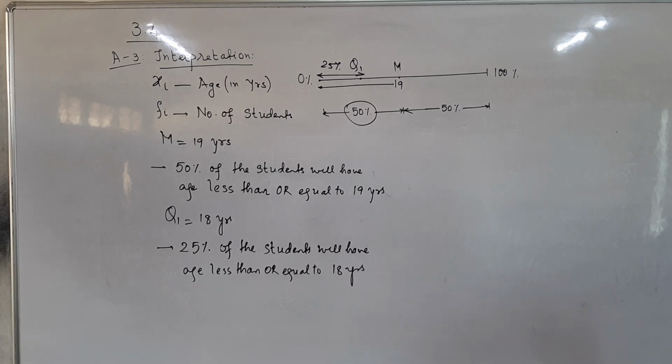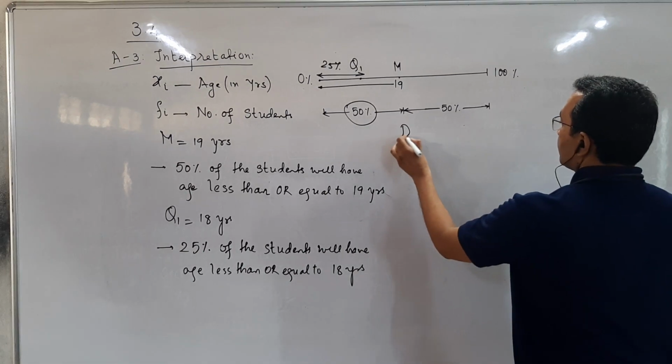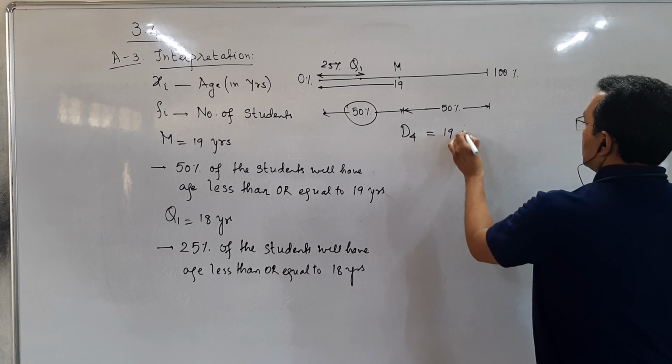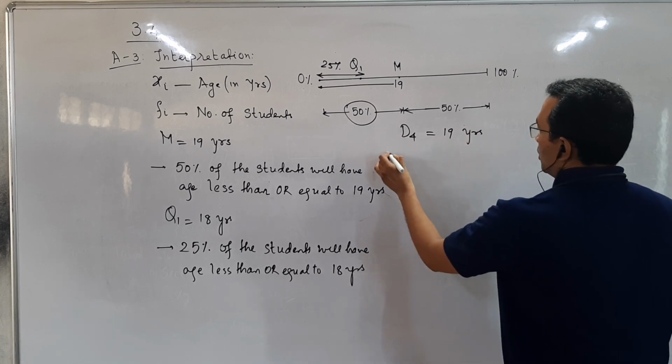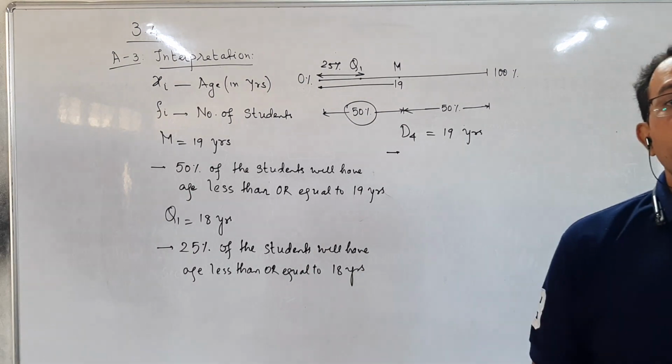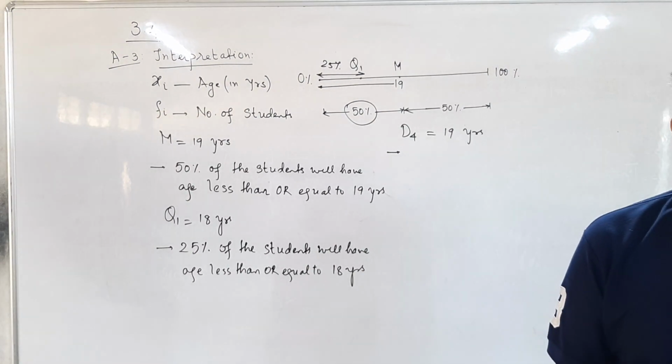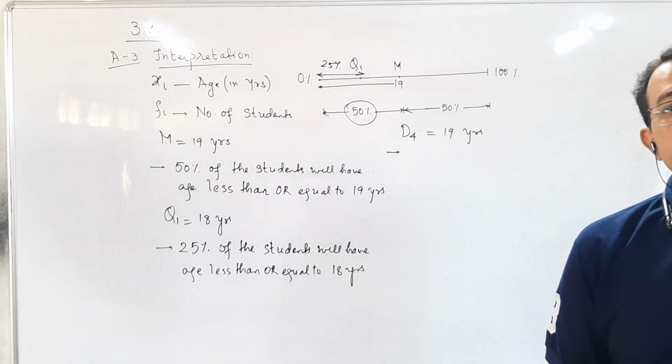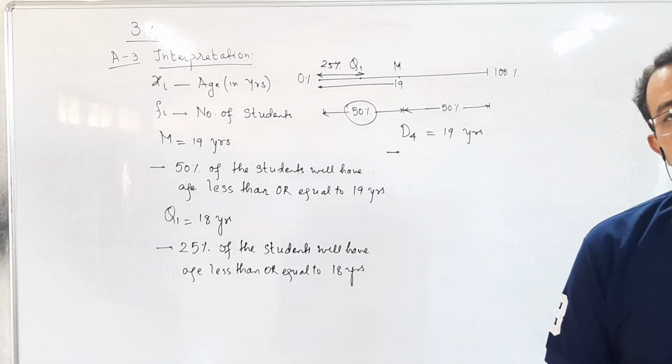Then, students, the third measure was the fourth decile, and that was 19. D4 is equal to 19 years. So what will be the interpretation? Decile divides the data into 10 equal parts, and for D4 it will be less than or equal to 40%.